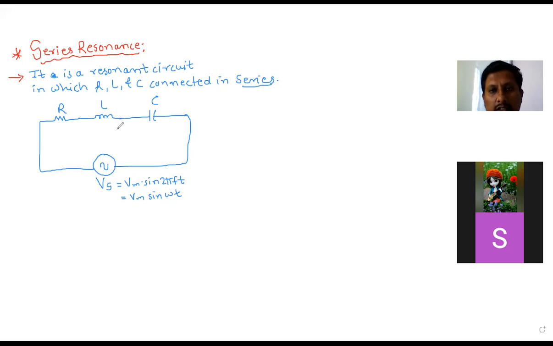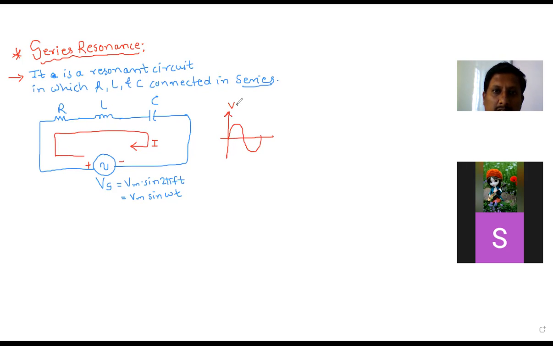As soon as you connect the AC voltage source to the series combination of RLC, the current I will start to flow in this direction, if it is plus here and minus here. There are a positive half cycle and a negative half cycle in the AC signal.